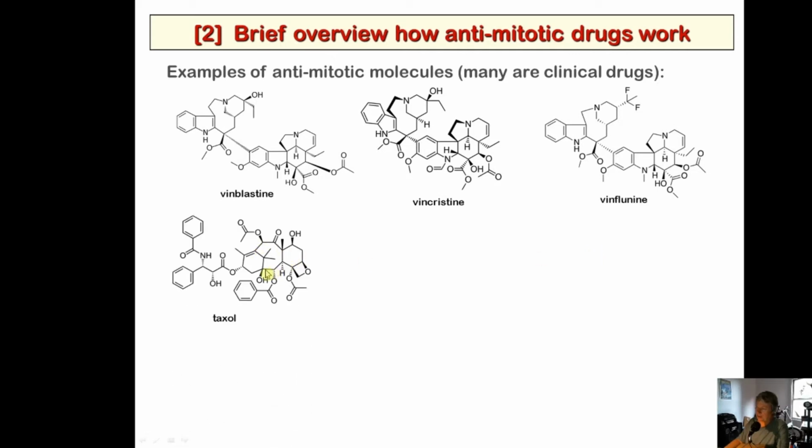Taxol, or paclitaxel, is another one. It's got a pretty dense organization as well. It's used to treat various kinds of cancer, prostate cancer I believe, and it was isolated from the yew tree, the Pacific yew tree. It has been synthesized, and I think all of these have been synthesized at one point or another.